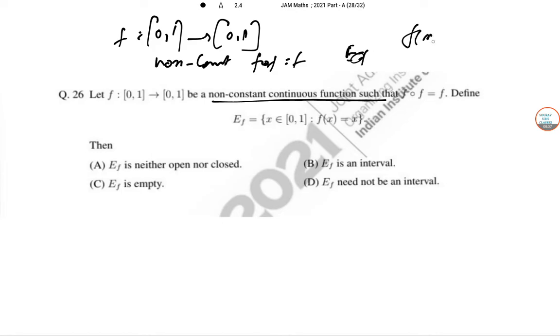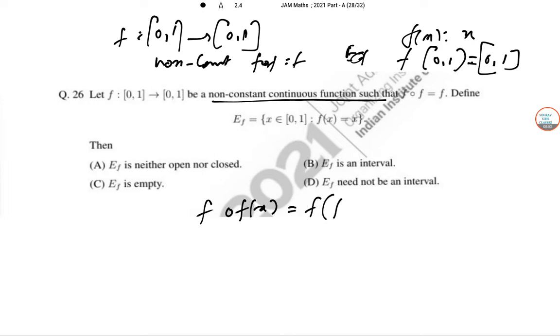So let f(x) equal x. So f of [0,1] is [0,1]. f of f(x) is f(x). So f of f is f.